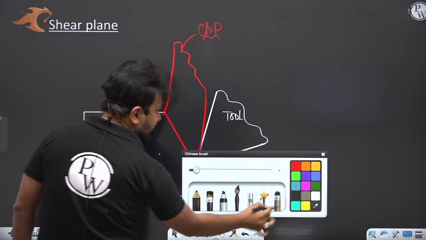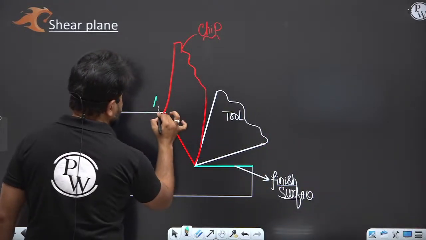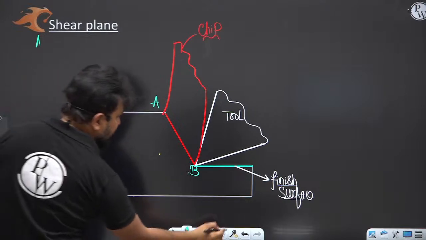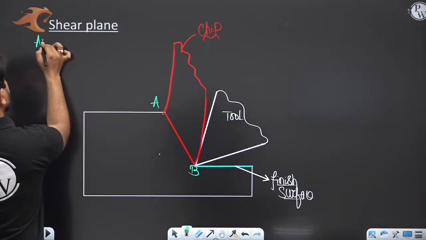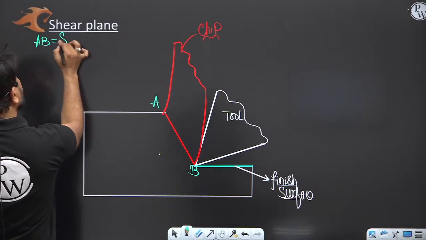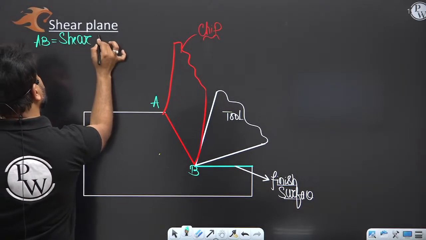And this is known as AB. AB basically is equal to the shear plane.